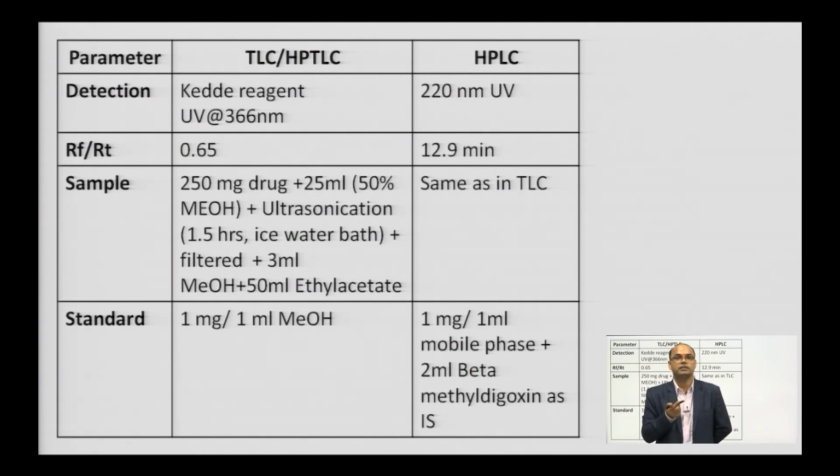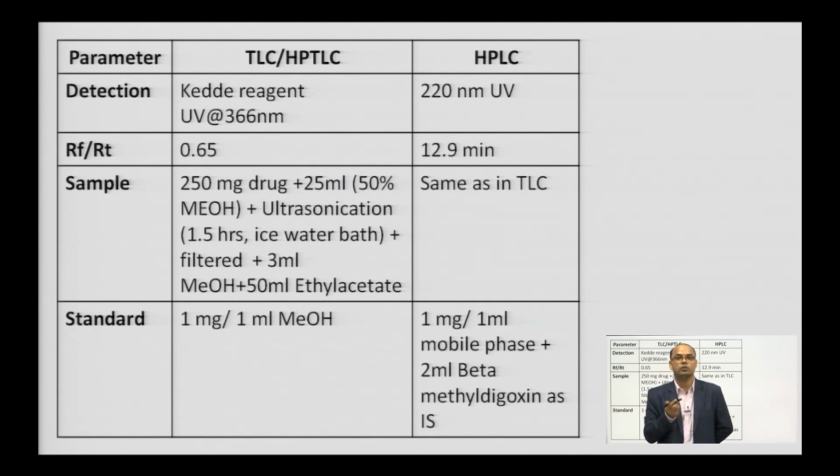The mixture of the drug, which are the leaves of Digitalis purpurea or Digitalis lanata, and the extracting solvent, 50% methanol, is then ultrasonicated. Ultrasonication was done in a sonicator for 1.5 hours in an ice water bath.